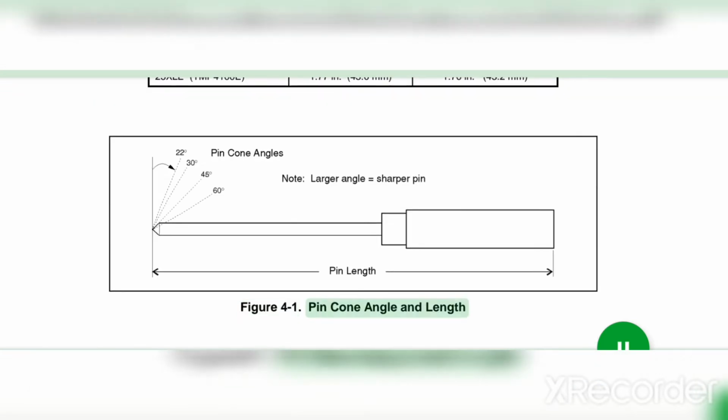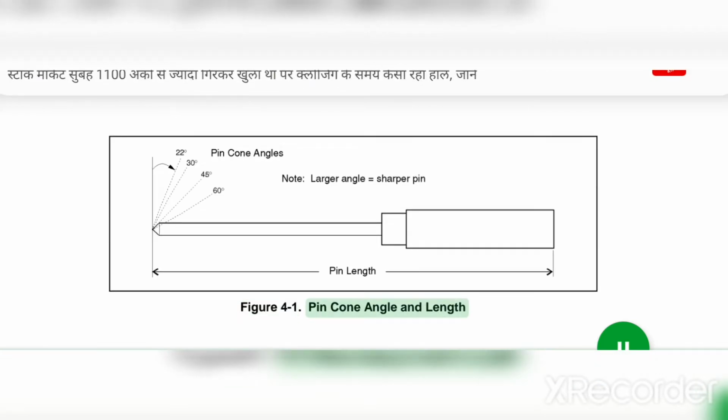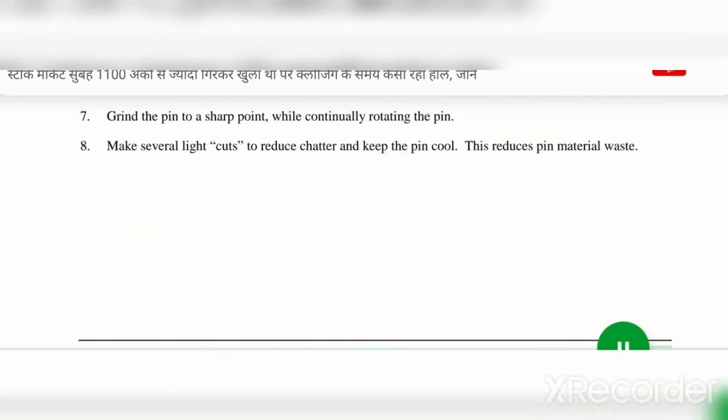Figure 4 to 1. Pin cone angle and length. TMP 4100 series / 400 maintenance 4 to 3.